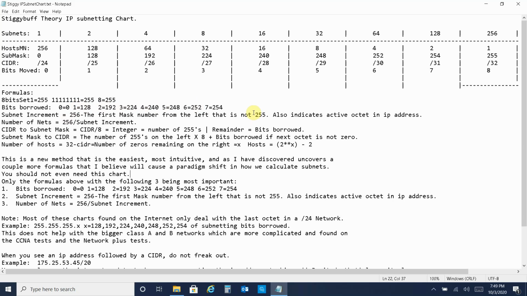That's it. Very, very important. Now the increment that we're going to be learning, this isn't everything, it's 256. And like we said, that's one of the numbers most people say, oh, you don't ever use that. Yeah, well, you do in the math. It's 256 minus the first mask number from the left that is not 255. I'll be showing you that.